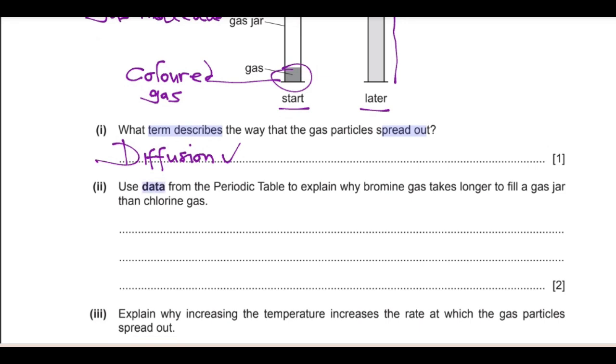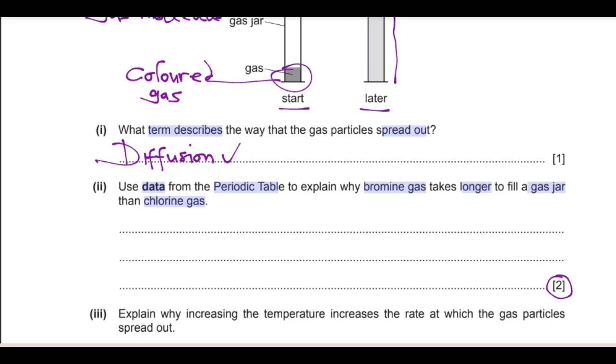Use data from the periodic table to explain why bromine gas takes longer to fill a gas jar than chlorine gas. Before you present your answers, my dear learners, look at the allocated marks and understand the demand of the question.